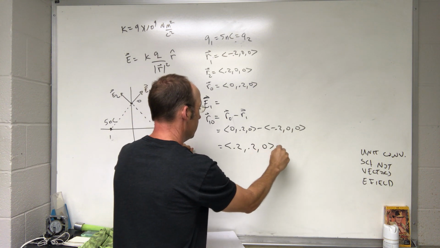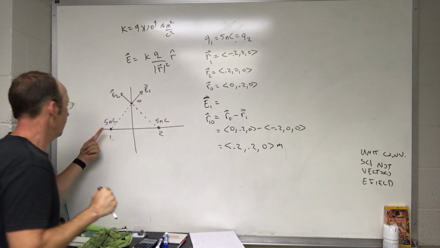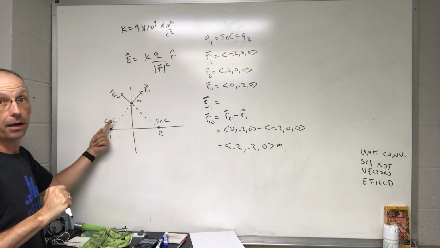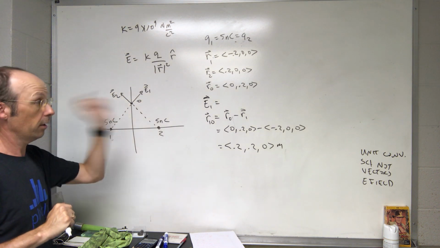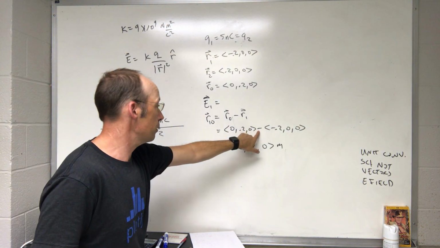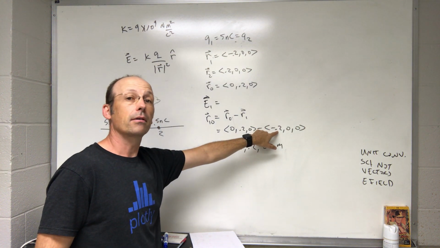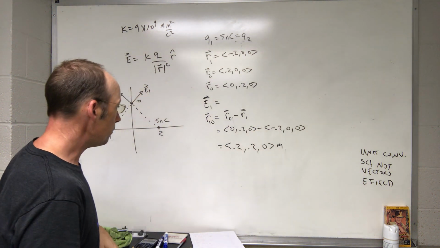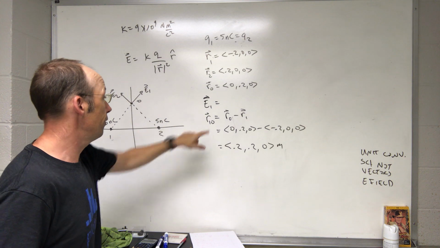And 0 minus 0 is 0. And so you see here, it's a vector in the positive x and the positive y direction, which is exactly what we have. Be careful here, because we're subtracting a negative. Remember, that's like adding, right? Okay, so I have the R vector.